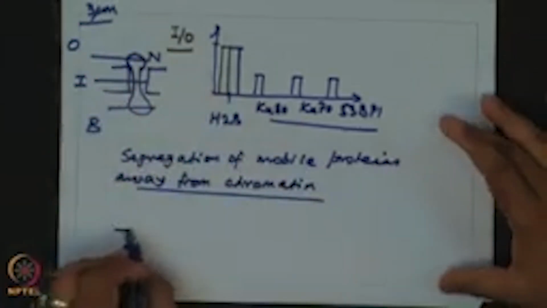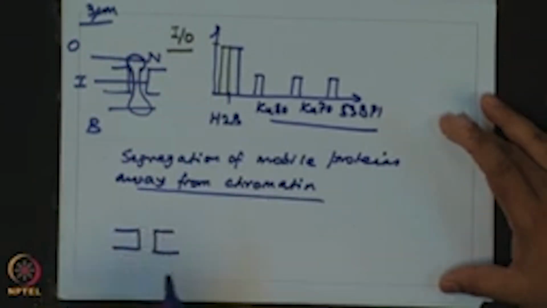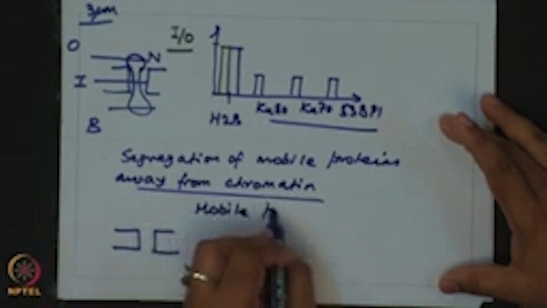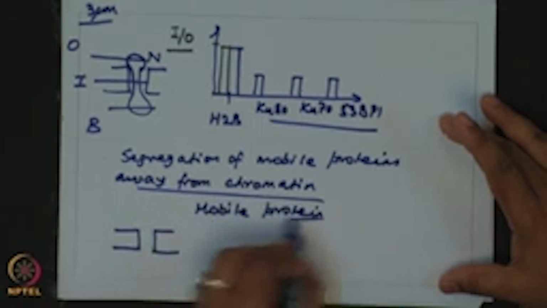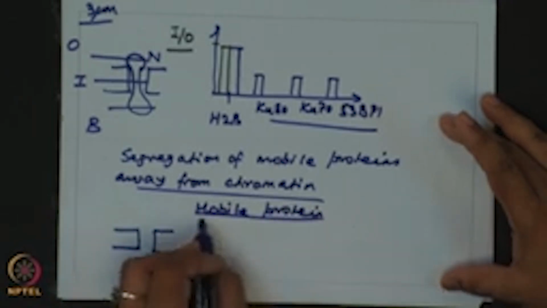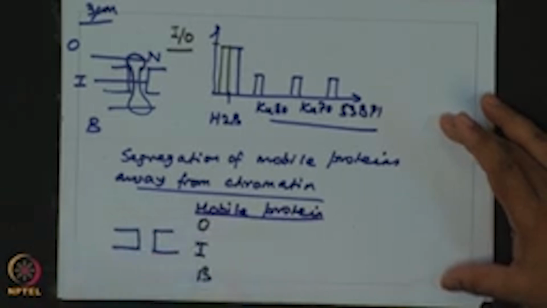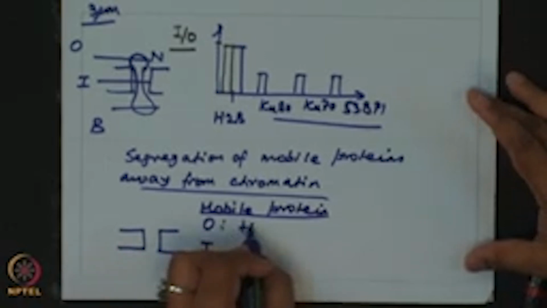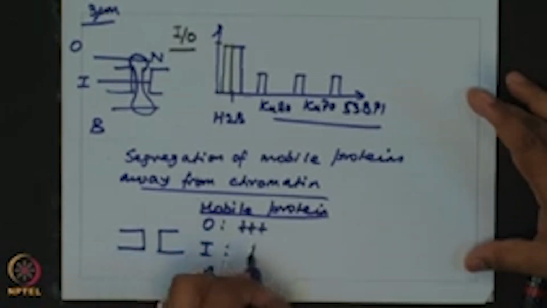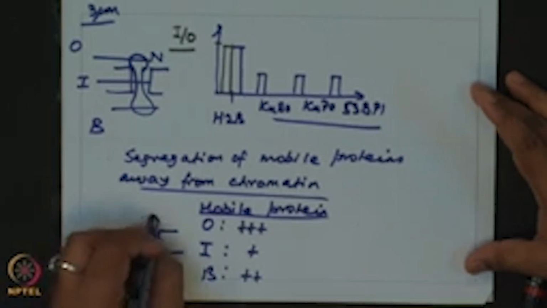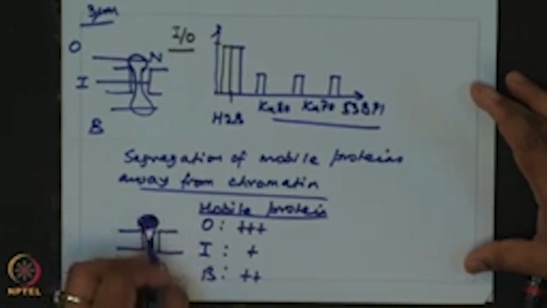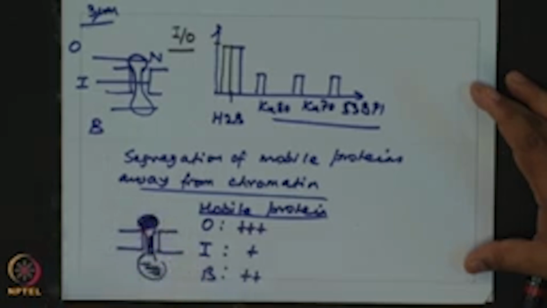So, if I were to draw the mobile protein fraction, outside, inside and bottom, in terms of intensity, what they found is, if the outside is plus plus plus, the inside is plus and the bottom is plus plus. So, in the nucleus, you have a lot here, minuscule here and somewhat more here.